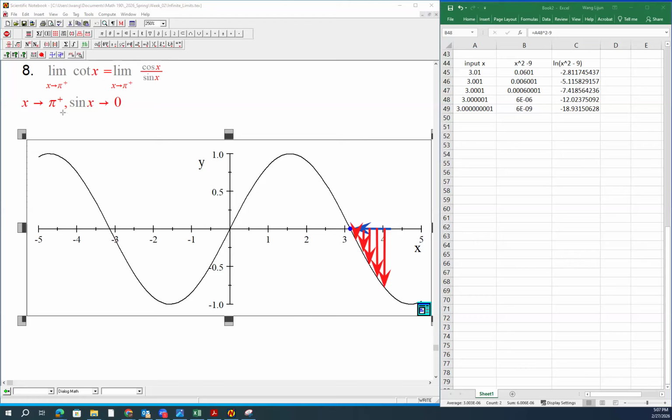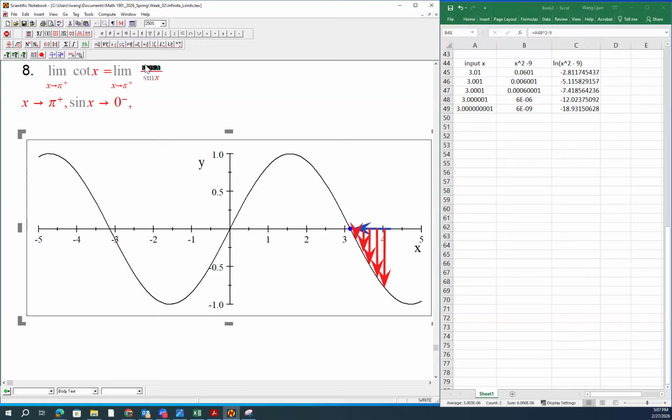So when x is approaching pi from larger than pi, sine x is approaching 0 from smaller than 0. So I'm going to write it with a negative sign on the shoulder. The denominator is approaching 0 from smaller than 0.